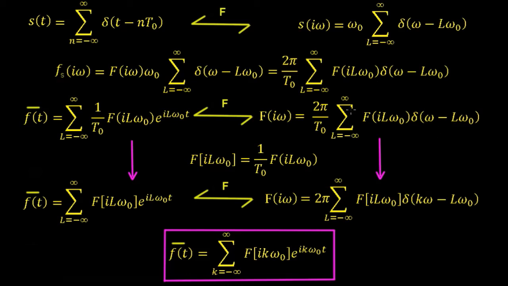So what we have in the frequency domain is a sum of delayed impulses, but a sum of delayed impulses in the time domain can be written as the exponential function. So that's just going to give us a sum of these exponential functions, e to the i l omega naught t, and this value here is the amplitude which modulates it. So this amplitude is going to exist over in the time domain as well.